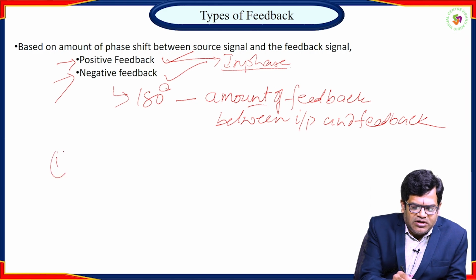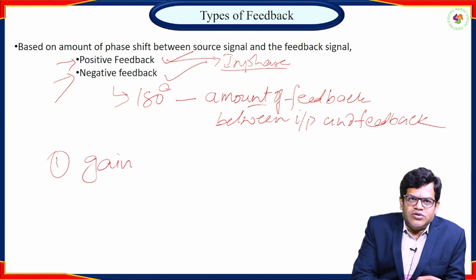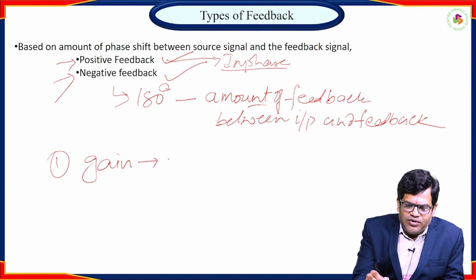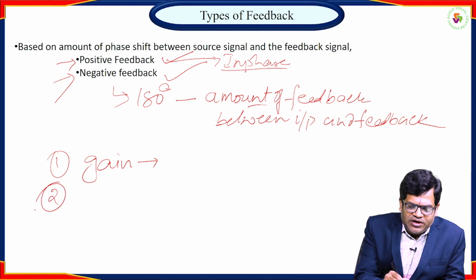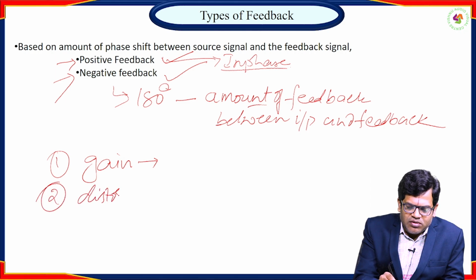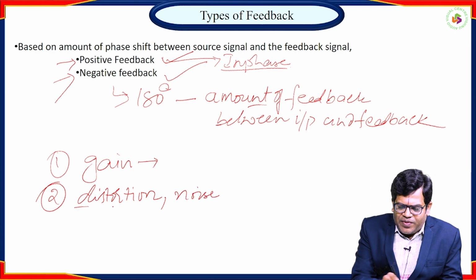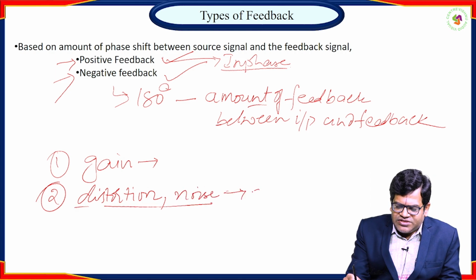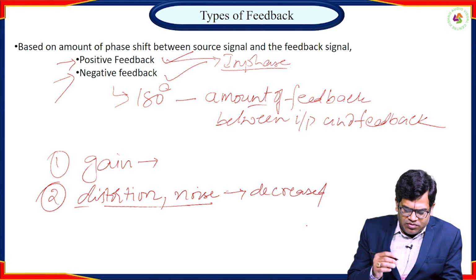The first parameter affected is your gain. The gain will generally be reduced when you implement negative feedback. And number two, distortion and noise. These two parameters will be decreased when you apply the feedback principle to your amplifier circuit.